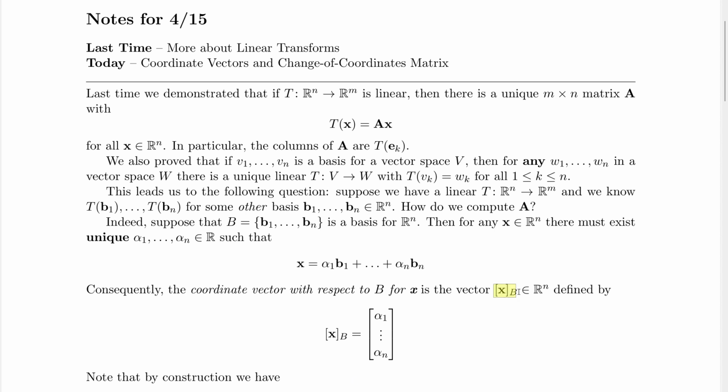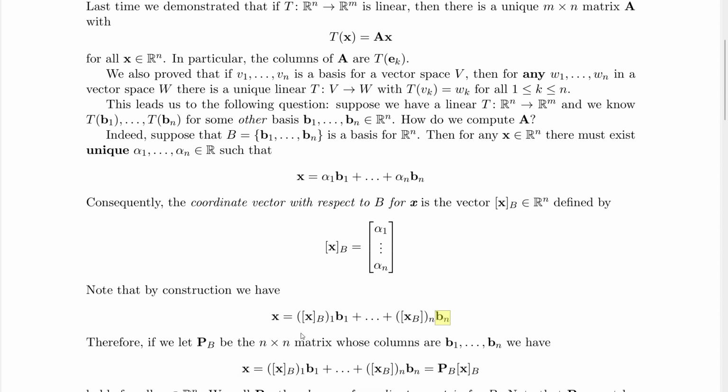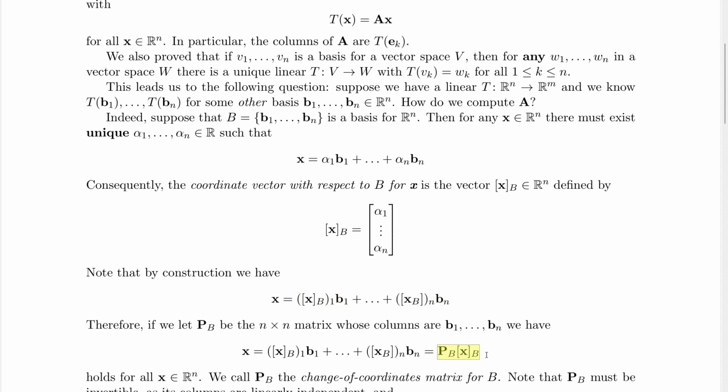Note that if we define this vector like this, and I revisit my equation here, what I have is a linear combination of these vectors b1 to bn. But as we know, if you have a linear combination of vectors, you really have a matrix multiplication. So if I let P sub b be the n by n matrix whose columns are b1 to bn, then this linear combination for x is actually a matrix multiplication in disguise.